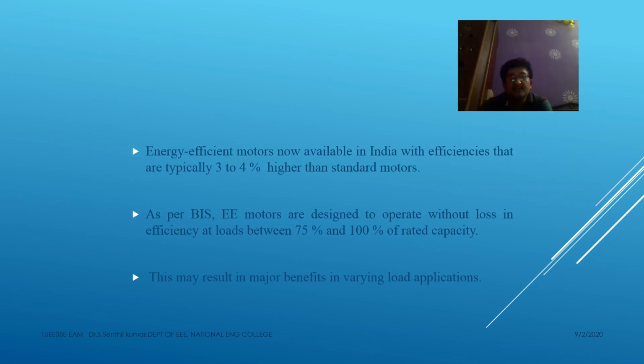The energy efficient motors now available in India typically have efficiency 3 to 4% higher than that of standard motors. As per the BIS, the EE motors are designed to operate without loss in efficiency at loads between 75% to 100% of the rated capacity.